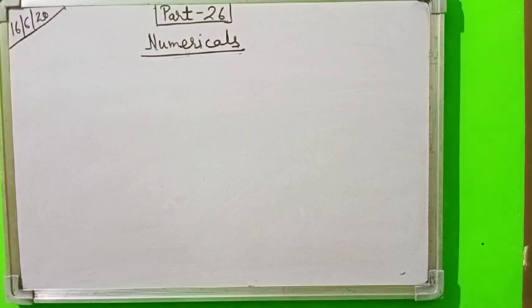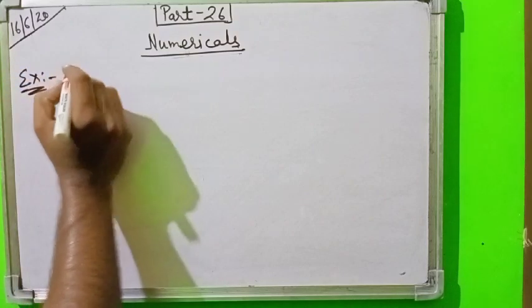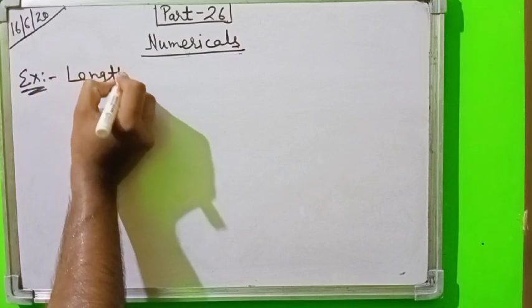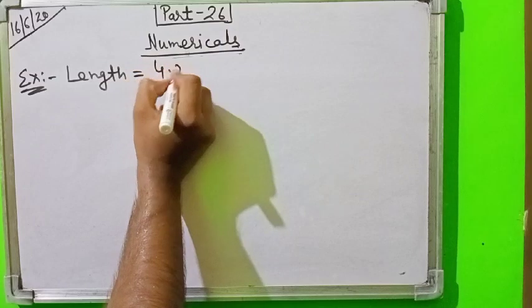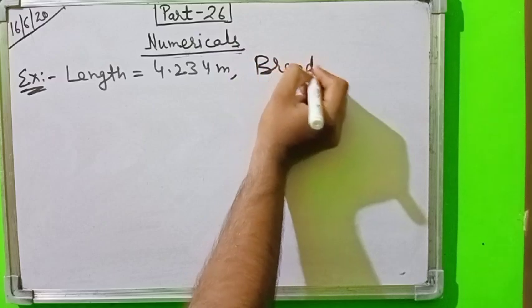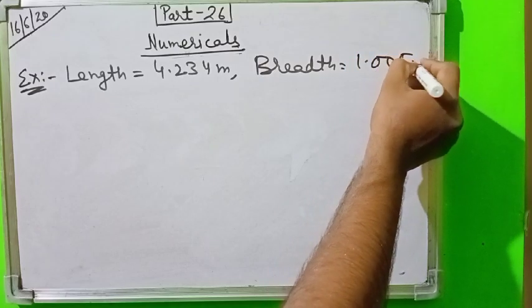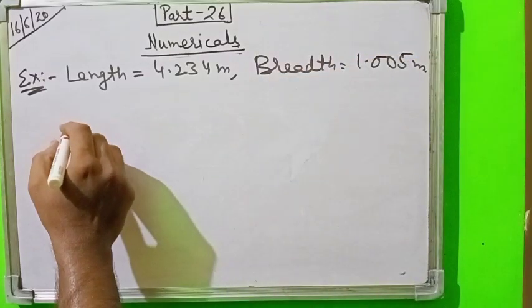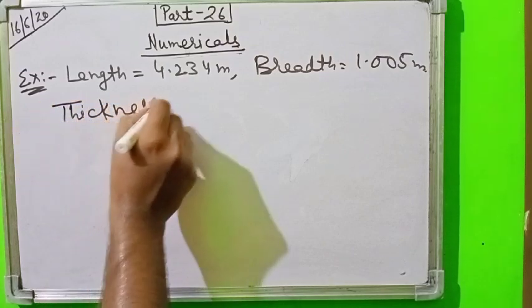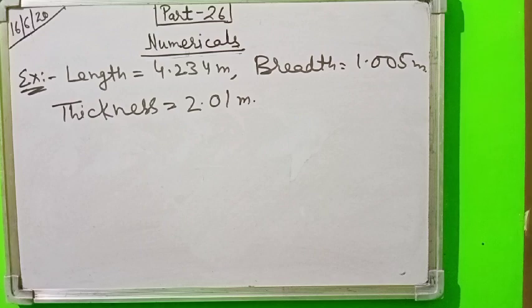the length, breadth and thickness of a rectangular sheet of metal. Length is equal to 4.234 meter, breadth is equal to 1.005 meter, and thickness is equal to 2.01 centimeter.